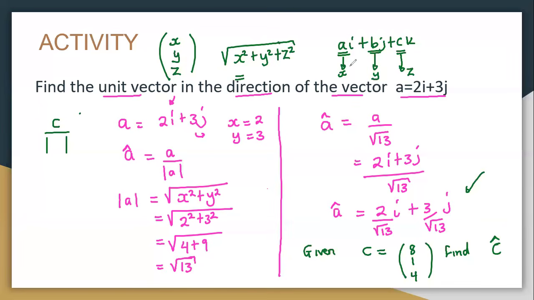When we talk about a velocity vector, it contains a magnitude and contains the direction. A unit vector only contains the direction. That is the difference between the two.